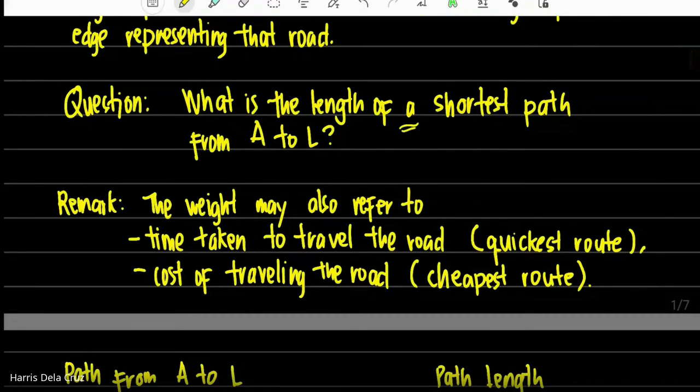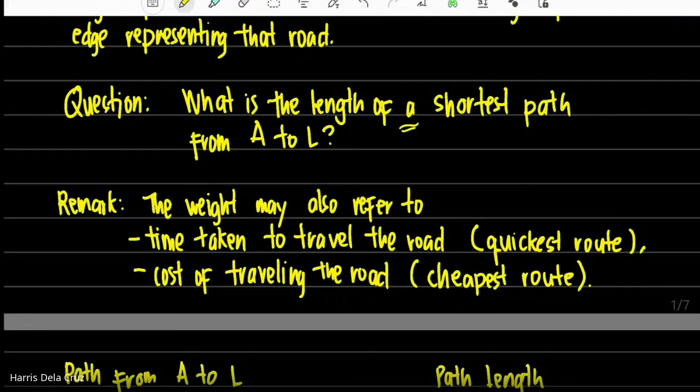So, again, yung ating weight, hindi naman kailangan na length lang. Minsan, syempre, pwede natin i-consider yung ibang uri ng weight. Pwede yung time taken to travel. So, gaano katagal i-travel from town A to town B. So, pwedeng in terms of time yung ating weight. Pwede rin in terms of cost of traveling the paths.